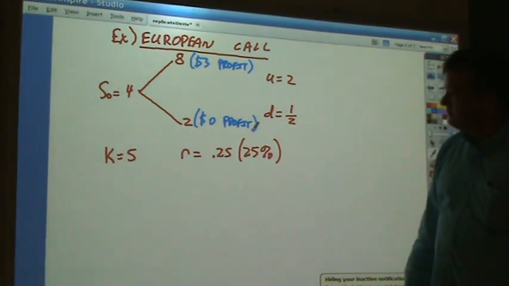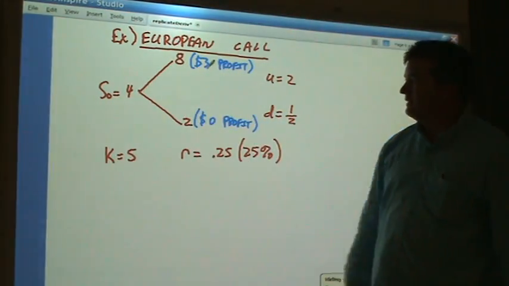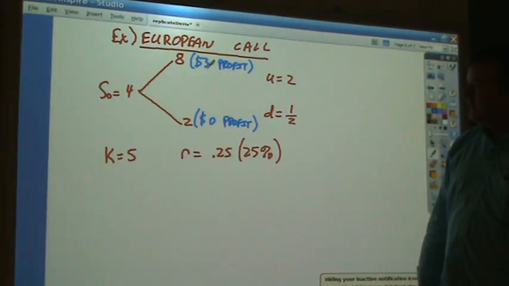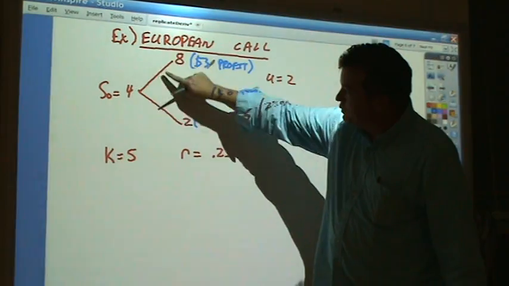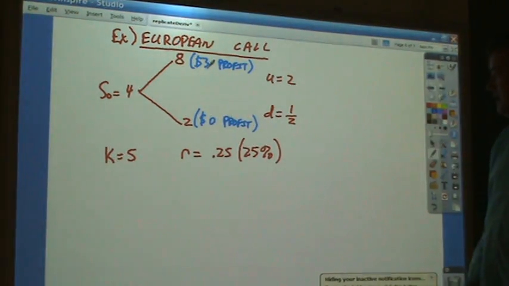But it's definitely worth less than $3 discounted back to today's money. And then really what it comes down to is the probabilities, and we'll get a tighter squeeze on what the value is. So right off the top, we can see that's a range for the values.